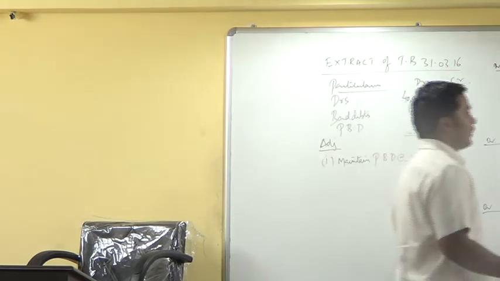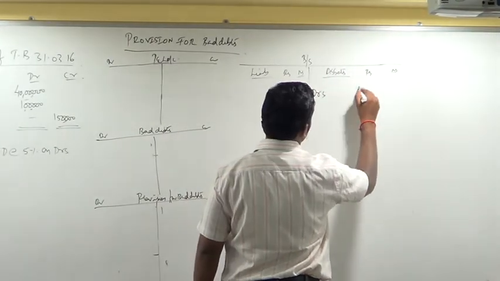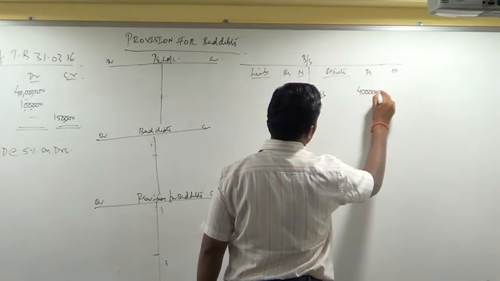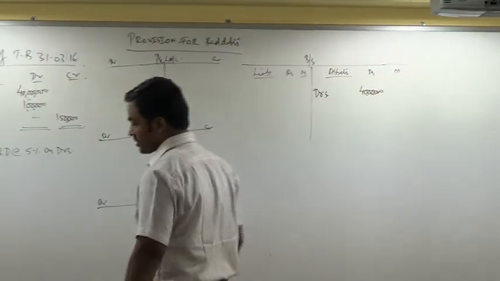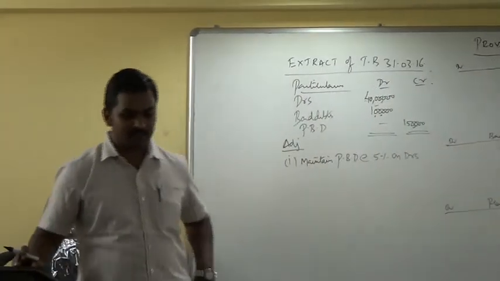Debtors, we will show it in the balance sheet. Asset side, inner column, debtors 40 lakhs.